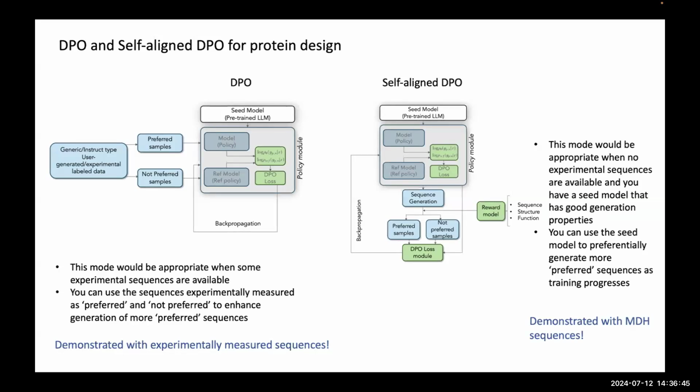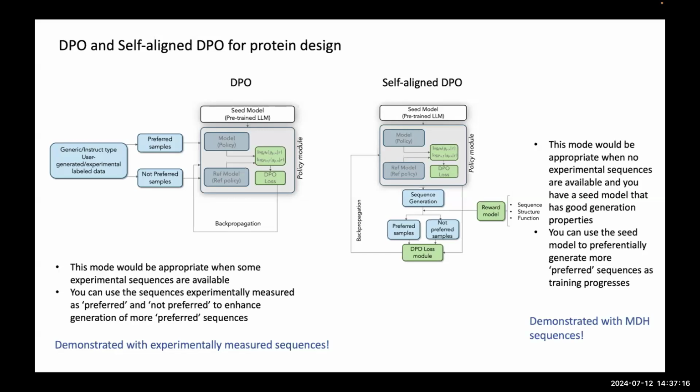When I say self-aligned, I just mean that the model and the reference model generate the sequences, and then you have your reward structure. So in this case, you need a reward model. Sorry, I'm bringing that back, but you need that to bifurcate the generated dataset into preferred and unpreferred. Then you put that into the DPO loss formulation, and that is what is backpropagating and aligning the model in that manner.